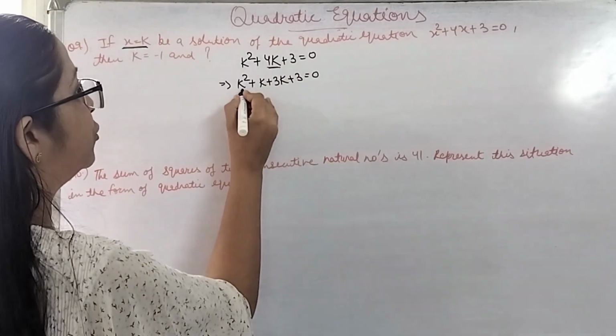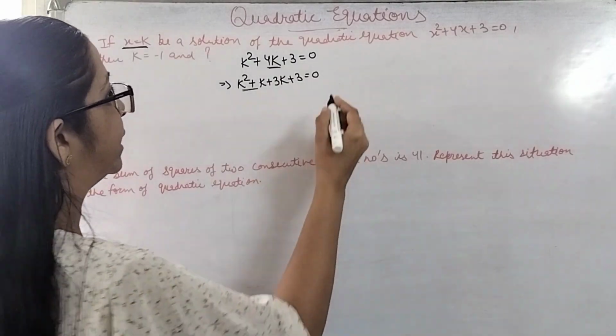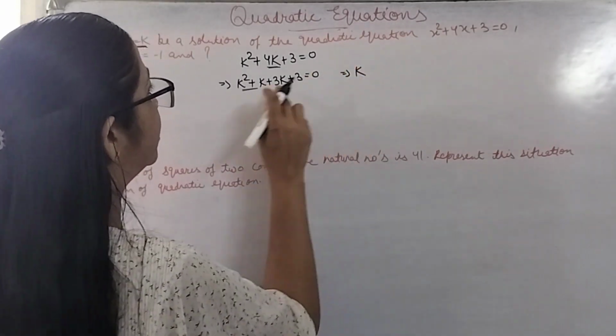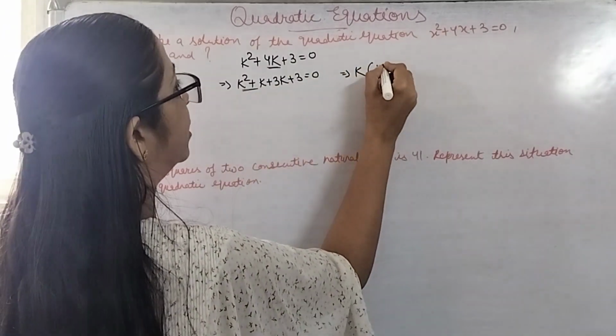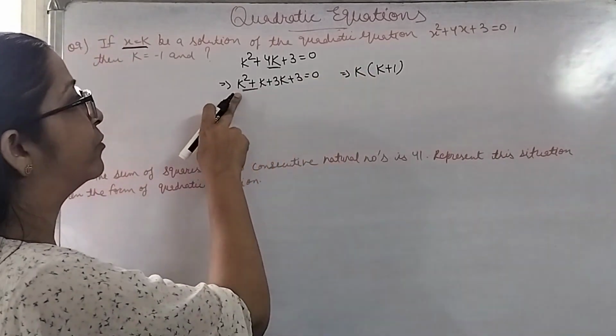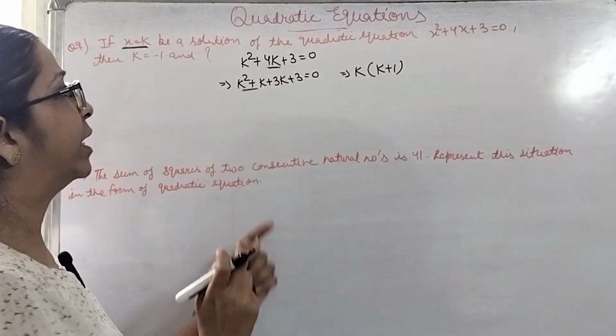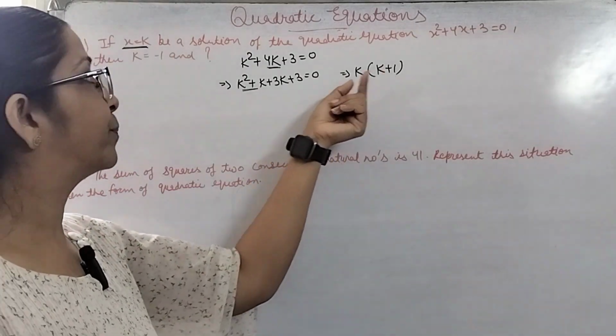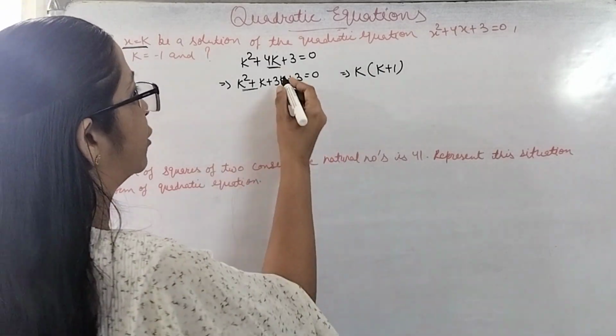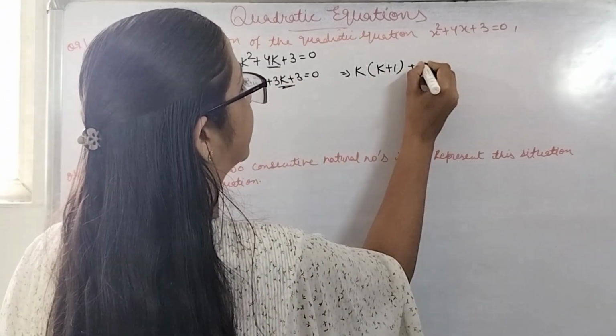Now from the first two terms, k can be taken common, and the remaining part is k plus 1. Since we have taken k common from k square, the remaining part is k, and from k, already taking k common, it will be plus 1. In the last two terms, 3 can be taken common.